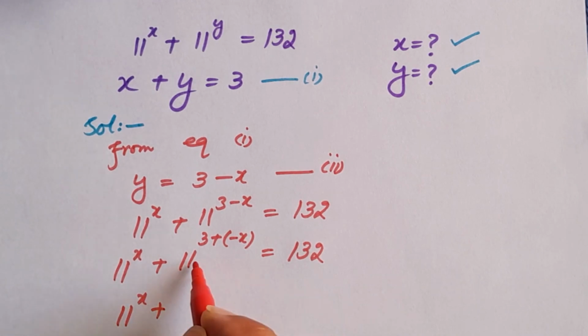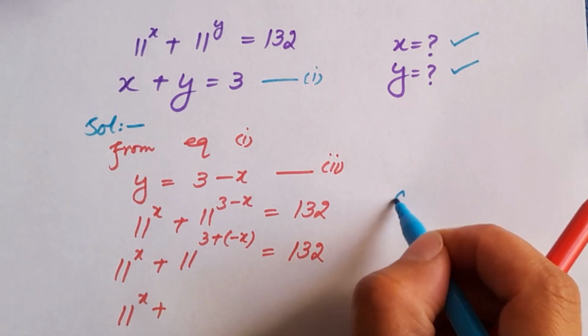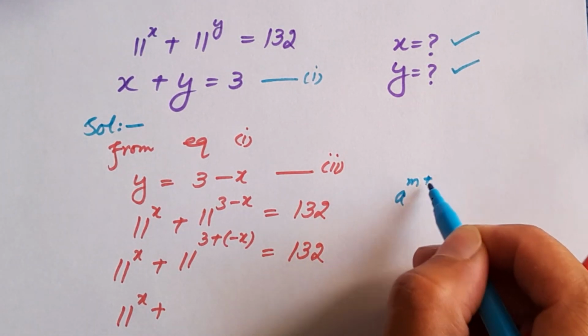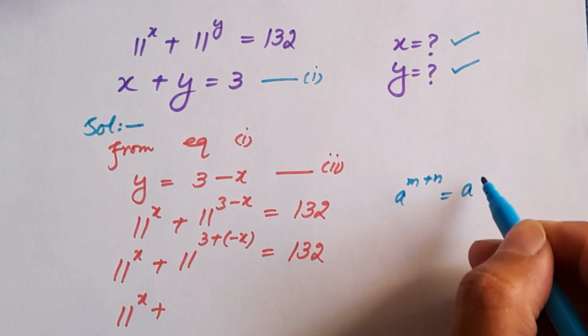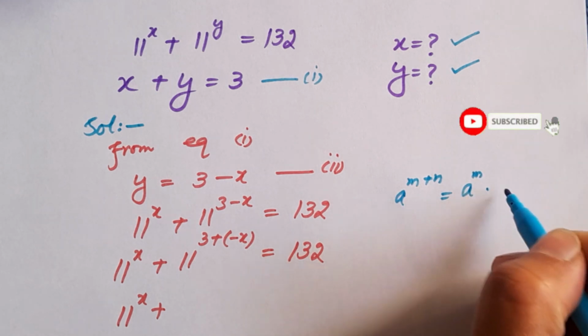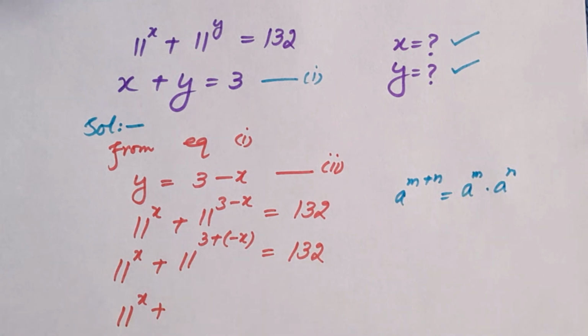11 to the power x plus, for that we are going to use a power rule. That power rule is, if a raised to power m plus n, we can write this as a raised to power m times a raised to power n.